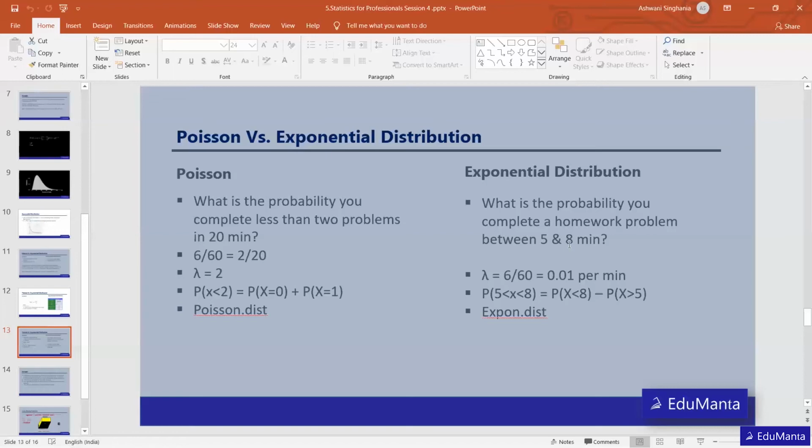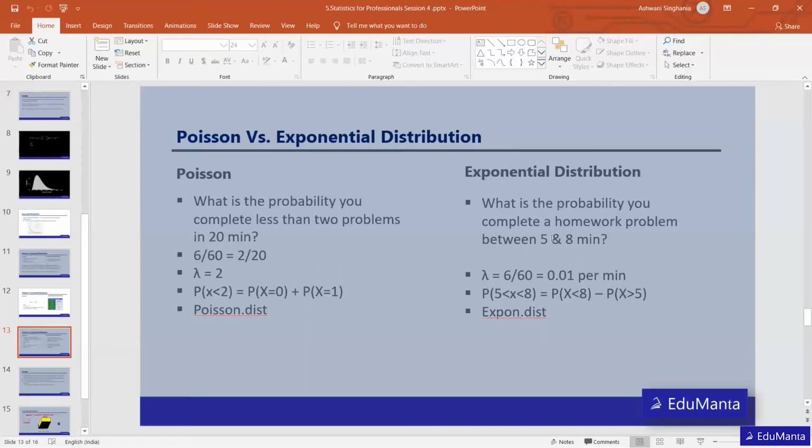So how much time are you actually taking to complete one event, right? What is the probability that you will complete one question within 5 to 8 minutes? I hope it is clear.